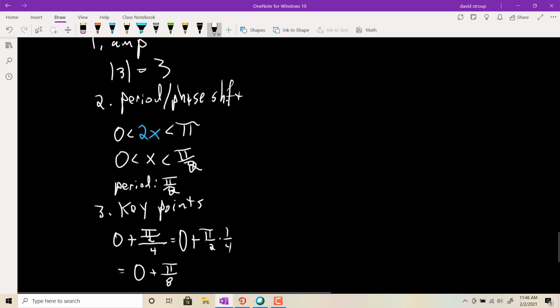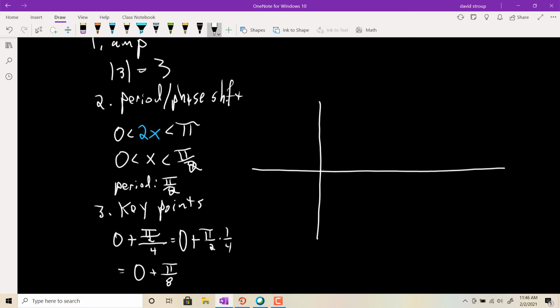Okie dokie, so let's go ahead and try that. I think we need 2 periods. And again, we're starting at 0, so there's an asymptote at 0, and we move by pi over 8. So 1 pi over 8, 2 pi over 8, 3 pi over 8, and then 4 pi over 8 is pi over 2, and that's where the second asymptote will live.